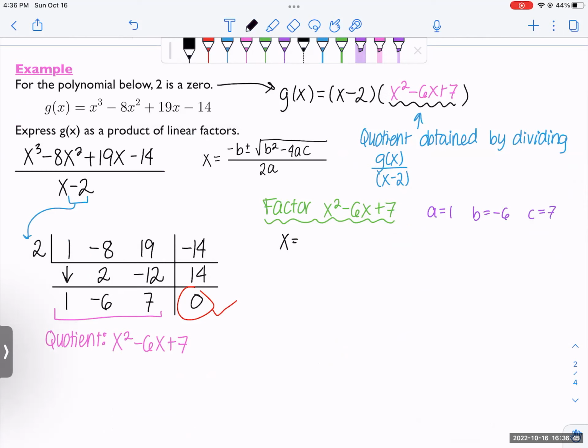X is equal to negative B, which is 6, plus or minus the square root of B squared, -6 squared, minus 4 times A times C, all over 2A.